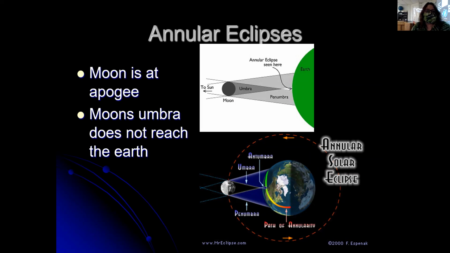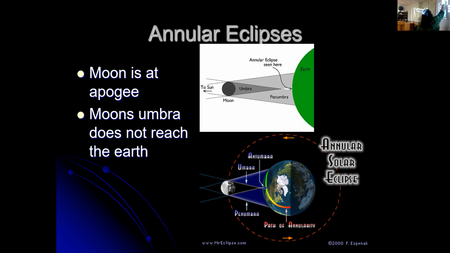All right. So an annular eclipse, the moon is at apogee. Remember where we talked about aphelion, perihelion? So apogee refers to the moon being at its furthest distance from the earth.